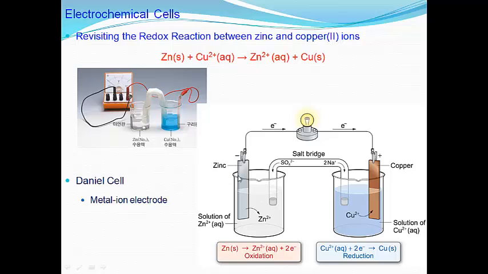All right, and these electrodes, zinc and copper, effectively are sacrificed or are participating in the reaction and are called metal ion electrodes. Now, in some electrochemical reactions, you do not have the electrodes participating. In fact, they are inert, and platinum and carbon and so on are examples of those kinds of inert electrodes.